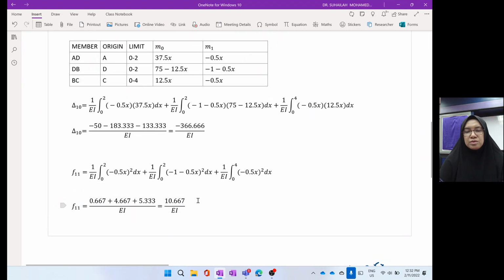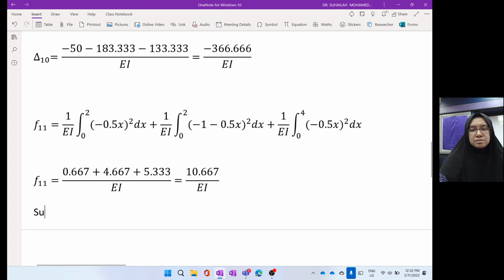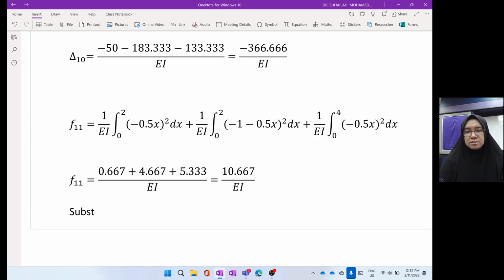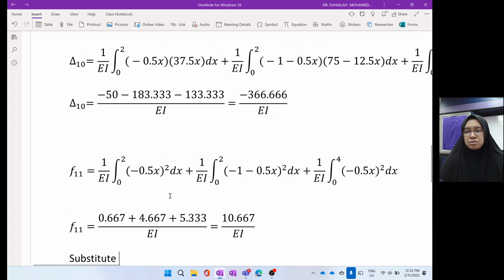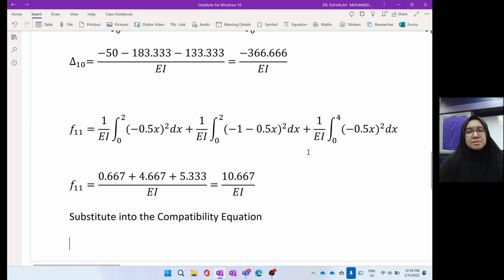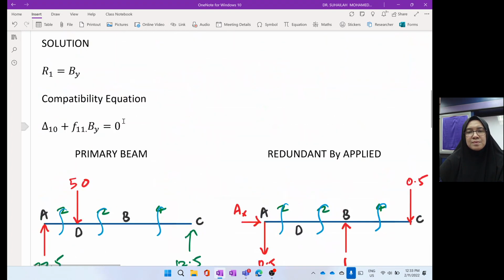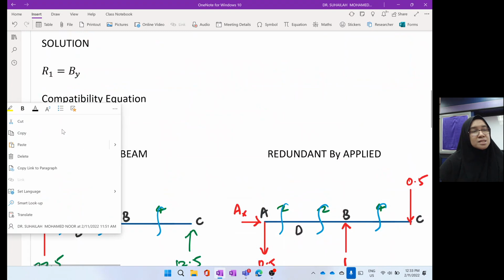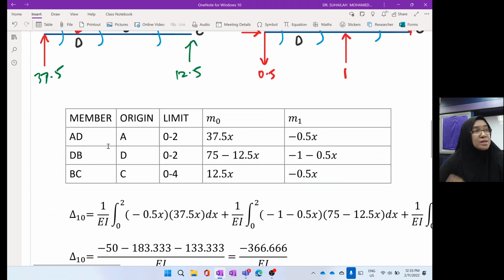So now we substitute into the compatibility equation. Okay, we substitute into this equation to answer question number 1, question number 1 without any effect.